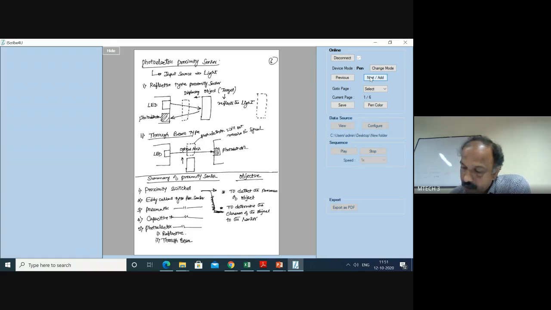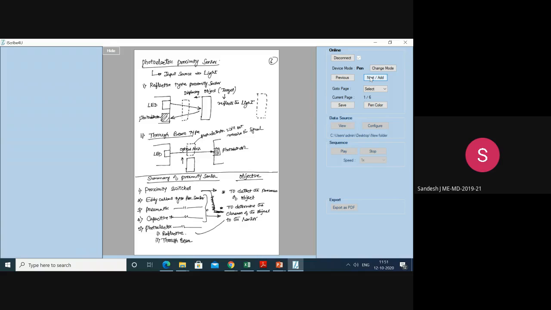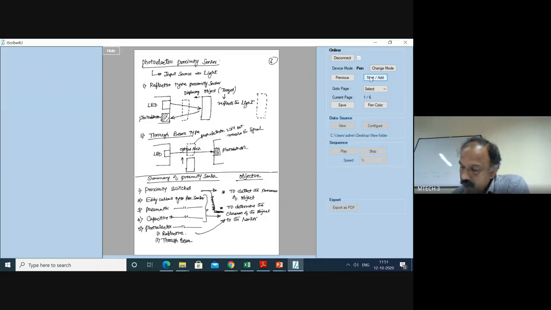But eddy current type, pneumatic, and capacitive type, all three are going to be used to detect the distance. Correct? Now, reflective is used for what? Reflective is used again to measure the closeness of the object. What about through beam type? Through beam type is used to detect the presence of the object.